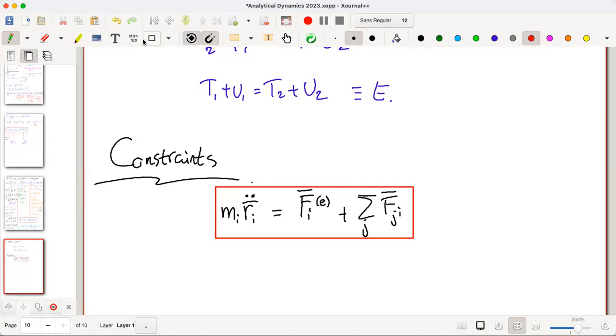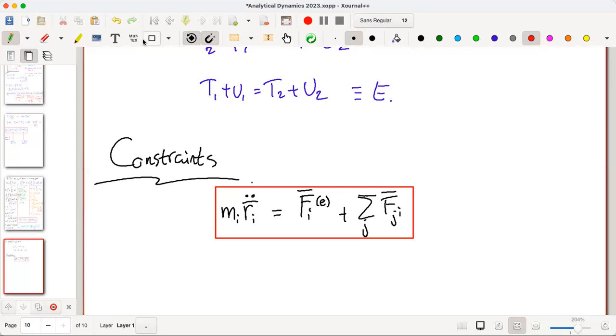In other words, besides knowing all the forces involved, we should also know the constraints of the system. So that's where the constraint comes in. What is a constraint actually? What is the definition of a constraint?